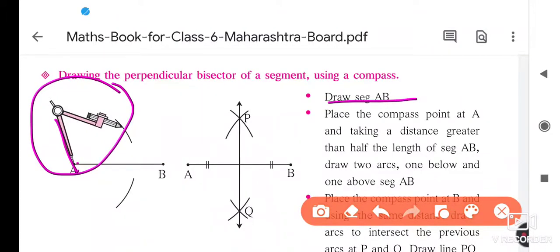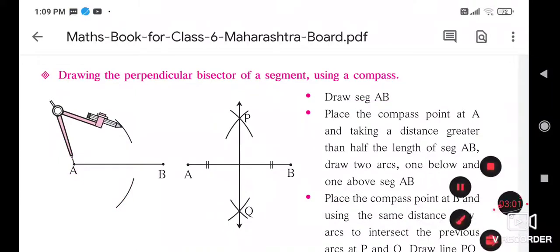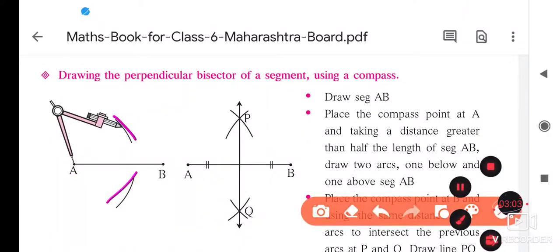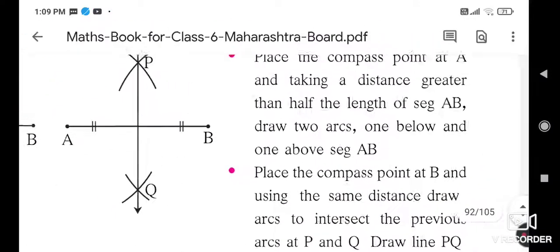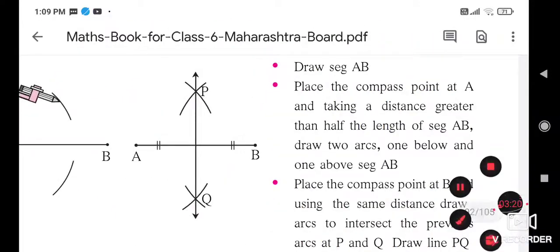Put the metal point of the compass on point A. Draw an arc above the line and below the line. Now keep the metal point on B and draw arcs which intersect the first ones. Join these two intersection points with the line PQ, and this is the perpendicular bisector.